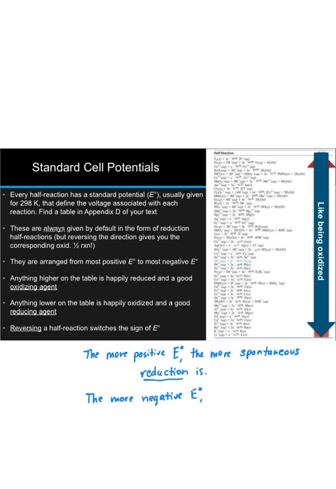And we know that if a reaction is non-spontaneous in one direction, then it must be spontaneous in the opposite direction. So if reduction is not spontaneous for negative values of E naught, then the opposite of reduction is spontaneous. So the more negative E, the more spontaneous oxidation becomes.